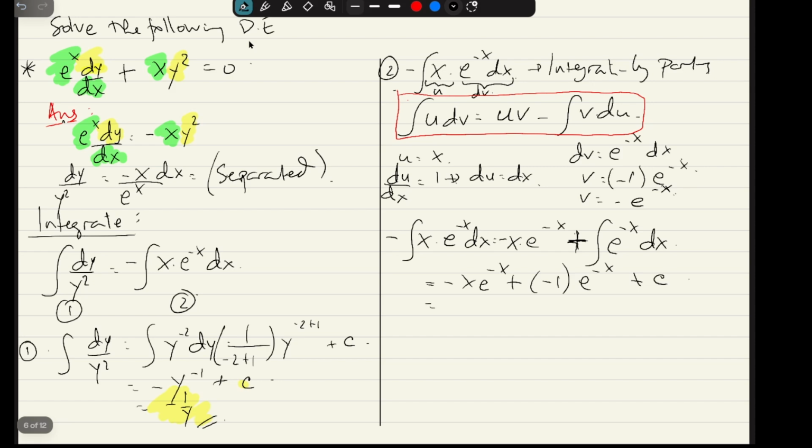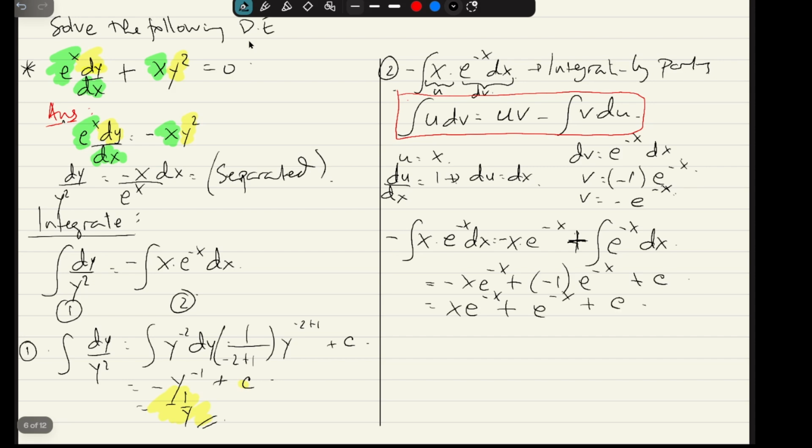Because of the negative sign in the beginning, we basically change the sign. So the negative one here will become positive, so we have x multiplied by e to the negative x. And this negative sign will become positive, so because it's negative 1, we can cancel by negative 1 here, and it becomes positive e to the negative x.